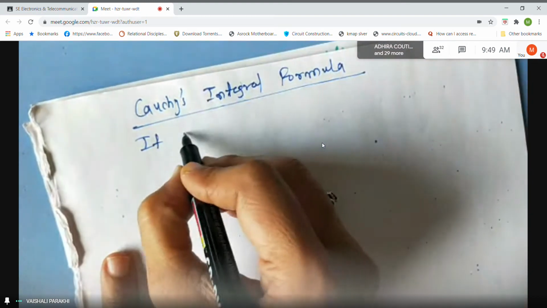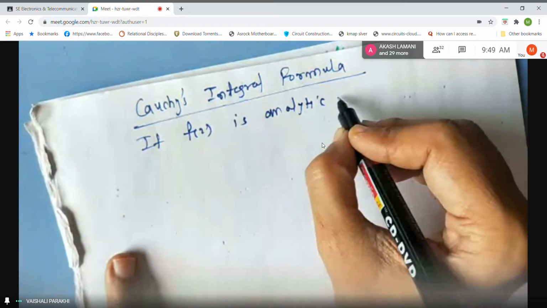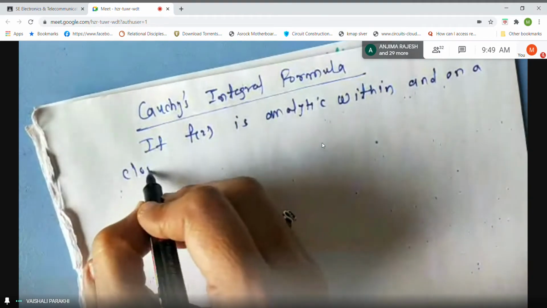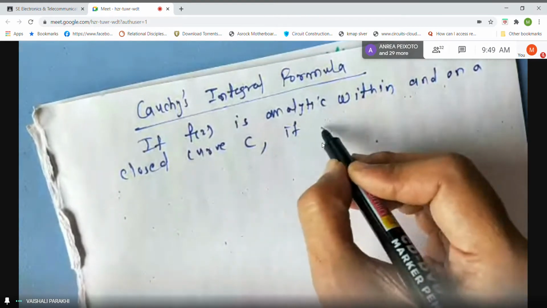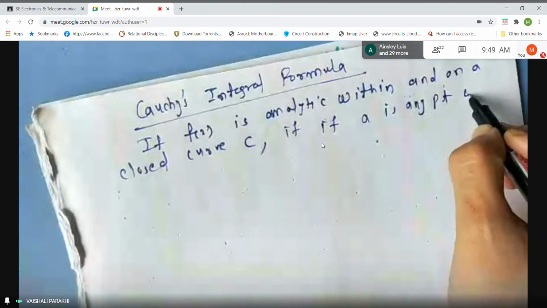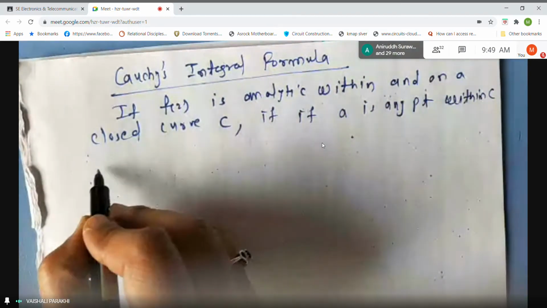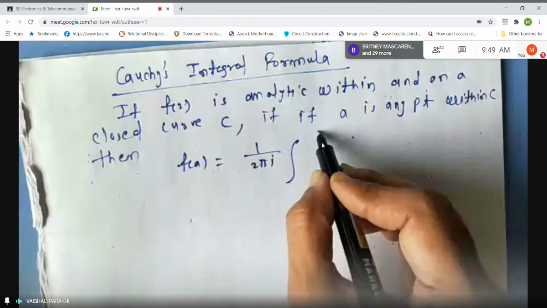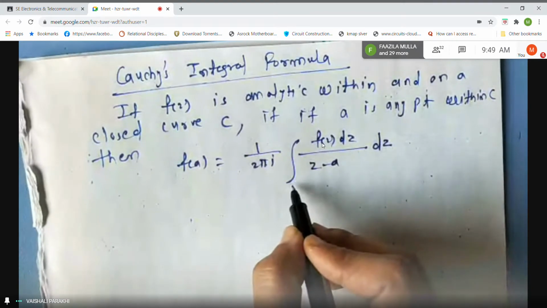If f of z is analytic within and on a closed curve C, and if a is any point within C, then f of a is equal to 1 upon 2 pi i integral f of z dz divided by z minus a, over the curve C.